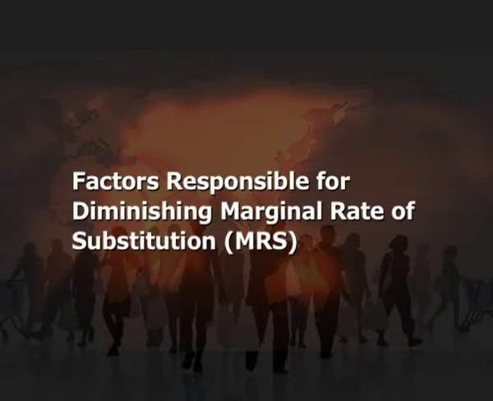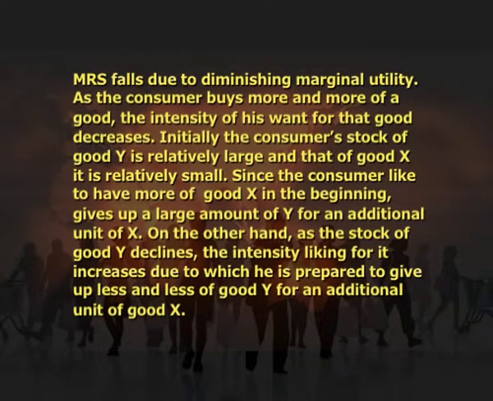Now, let us discuss certain factors responsible for diminishing marginal rate of substitution, that is MRS. First, MRS falls due to diminishing marginal utility. As the consumer buys more and more of a good, the intensity of his want for that good decreases. Initially, the consumer's stock of good Y is relatively large and that of good X is relatively small.